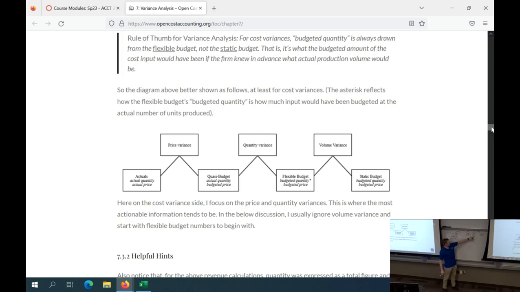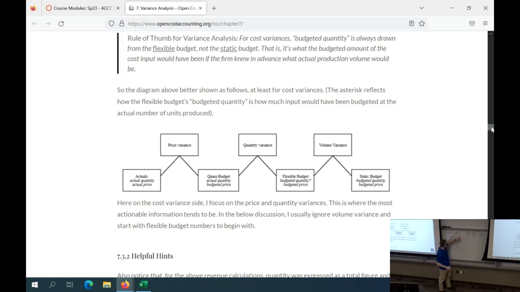Whereas if you used some actual quantity used, at least part of the number that you're delivering to this person, and saying let's do something about this, or if it's favorable, congratulating them and seeing how they can continue that in some way, would at least partly be due to the production manager who decides how the materials are used on the floor. And so you're mixing responsibility streams here. And so that's why we separate them out.